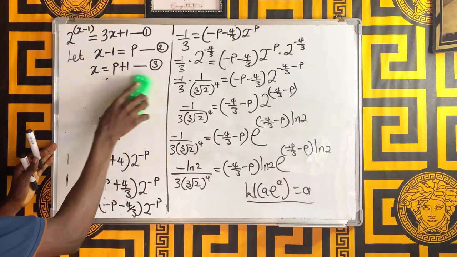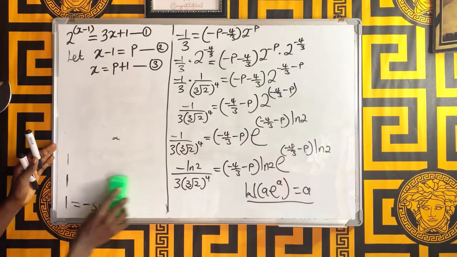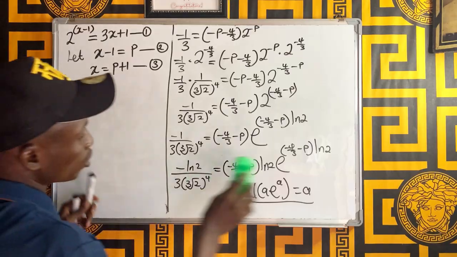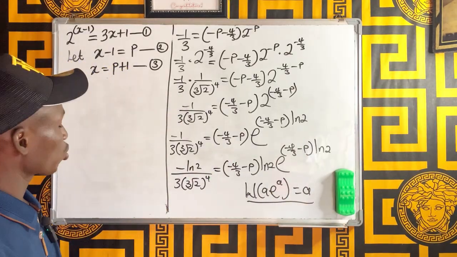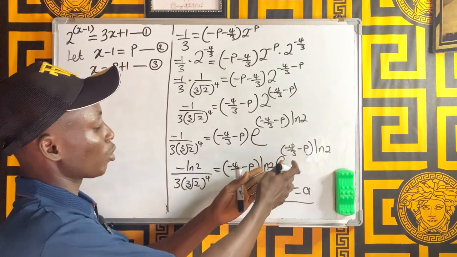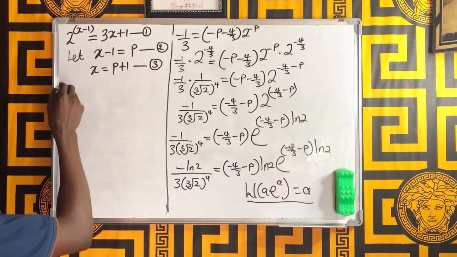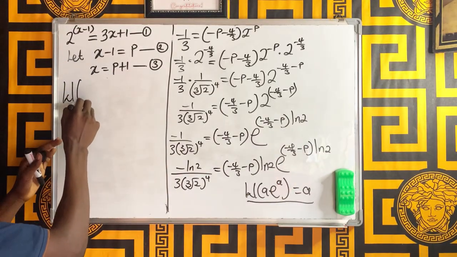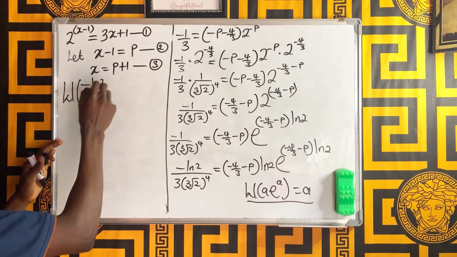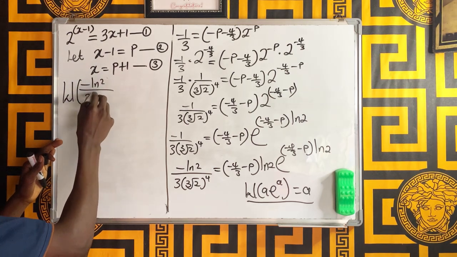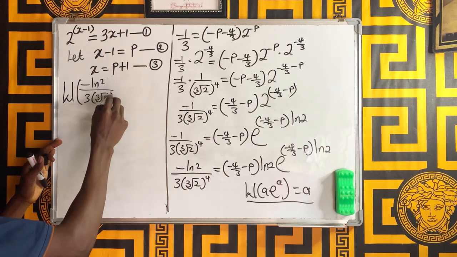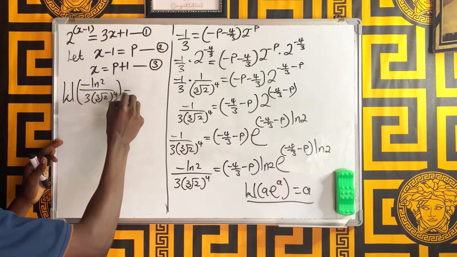Now at this point, you want to apply it. But I'm not going to apply this here, because I know by obeying this, there's no space here. So that means the Lambert W function of minus ln 2 divided by 3 multiplied by the cube root of 2 all raised to 4 is equal to what?